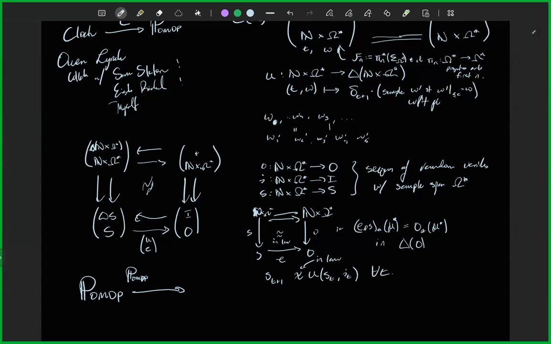So that's what it means to have a sequence of random variables evolving according to the law of this partially observable Markov decision process. And in fact, it's subordinate to the canonical filtration, the one we put on omega star.